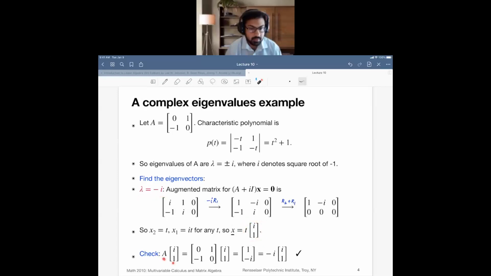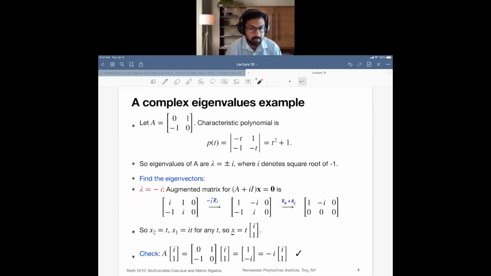So I set up Ax. I know A from my original matrix, and I have my eigenvector that I'm checking. This will equal 1 times negative i, which I can write as negative i times x. So this will satisfy, which means that any vector in the form of t times i and 1, so 5i and 5, 10i and 10, and so on, will be an eigenvector for lambda equals negative i.